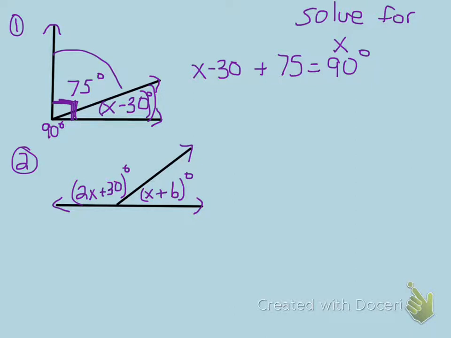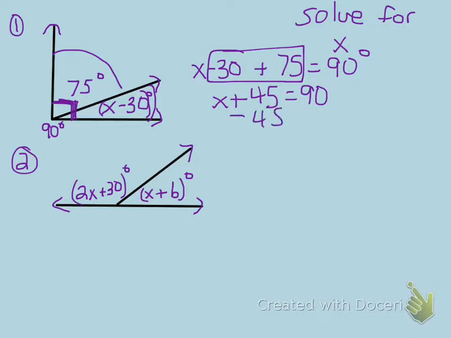There's nothing to multiply on the outside by. So, time to simplify. I combine my like terms on the side, so I get x plus 45 equals 90. Subtract 45 from both sides. X equals 45.